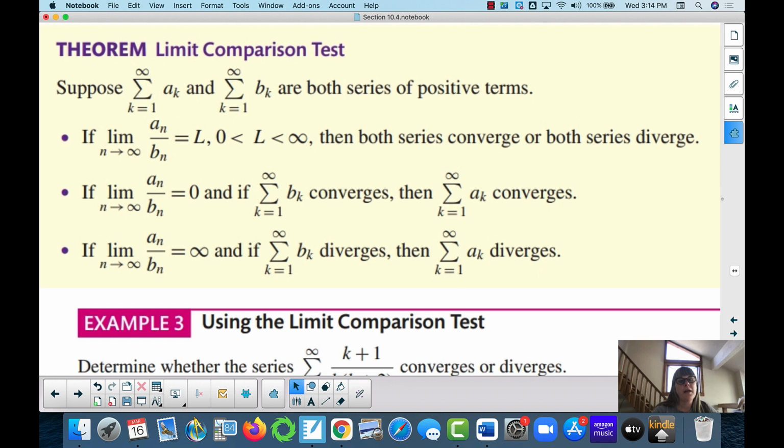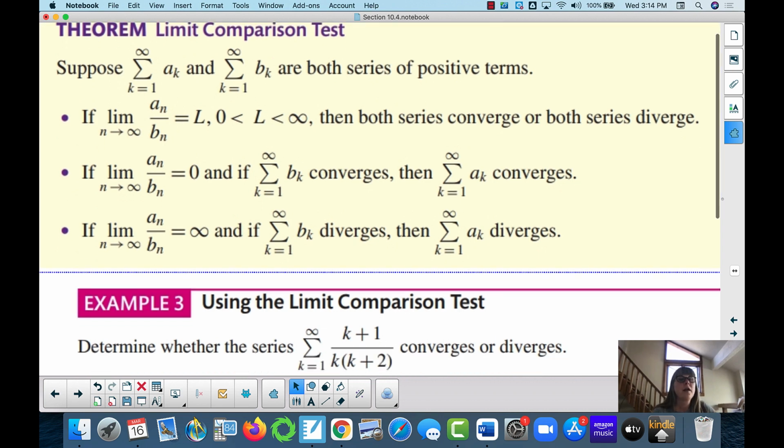And if the limit as n approaches infinity of those two is a number, then whatever this series does, this series will also do. So if this series that we know converges, then we know the one we're trying to figure out also converges. If it diverges, then we know the one that we're trying to figure out also diverges.